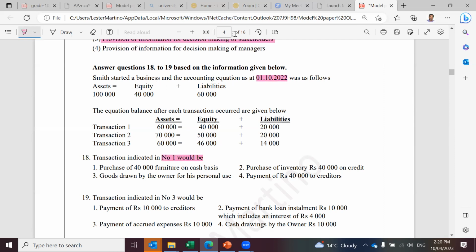So what will happen here? Your assets become 60, equity as it is, liabilities become 20. So that means both decrease by 40. Am I right? Both decrease by 40.